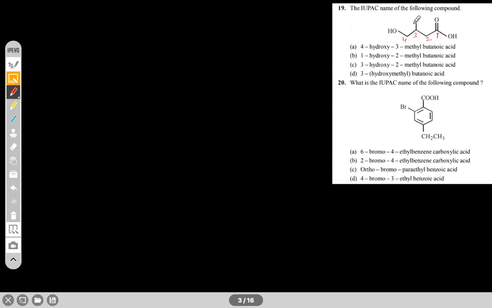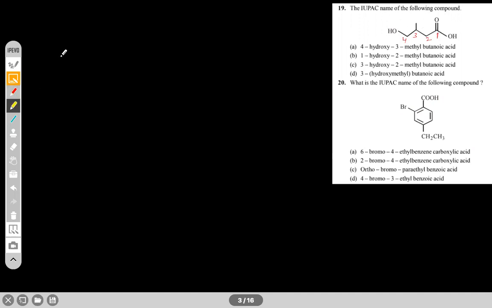For this one, at fourth position we have hydroxy, and at 3 we have methyl. We write them in alphabetical sequence. So it is 4-hydroxy, 3-methyl butanoic acid.